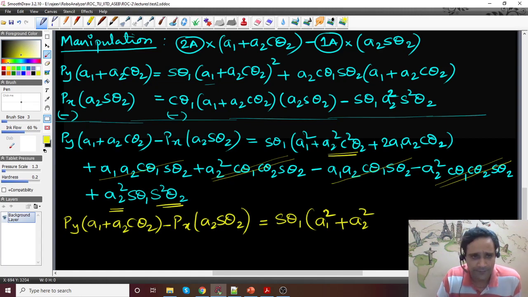Please try it out. Okay, it will not come so easily. You should try out these two terms, plus this is anyway there common inside, 2a1 a2 cos theta 2.